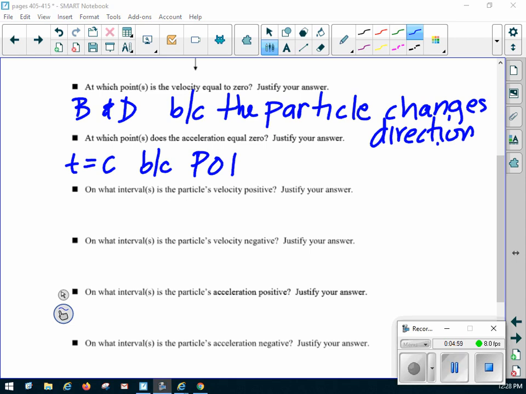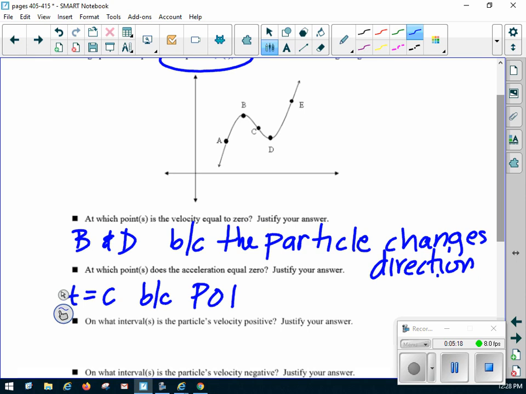On what intervals is the particle's velocity positive? If velocity is positive, go back to your thing. If velocity is positive, so that means the position function is increasing. Where is the position function increasing?